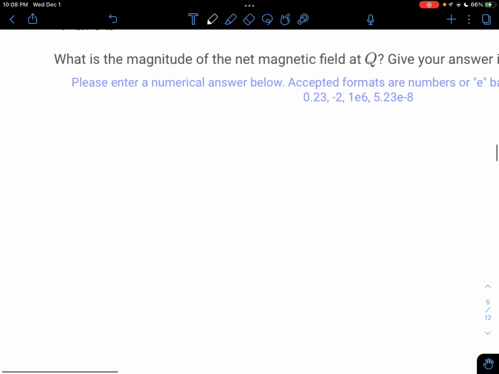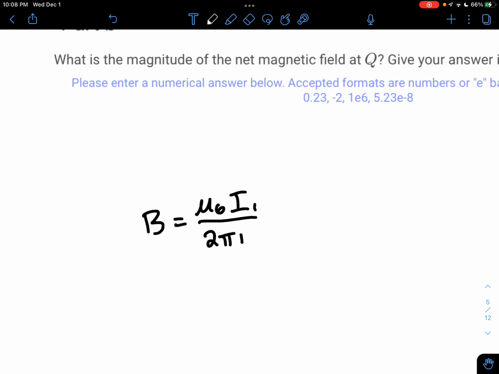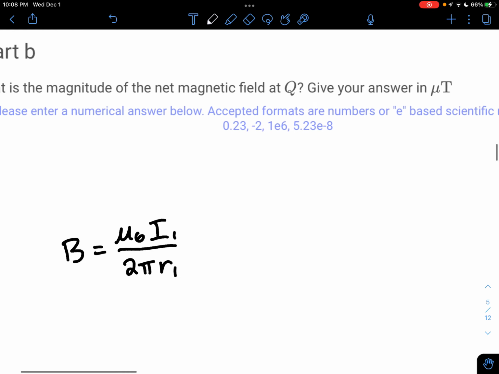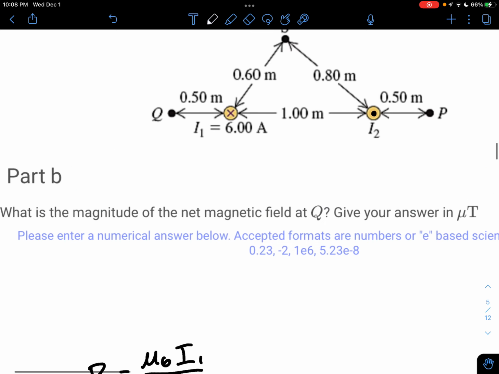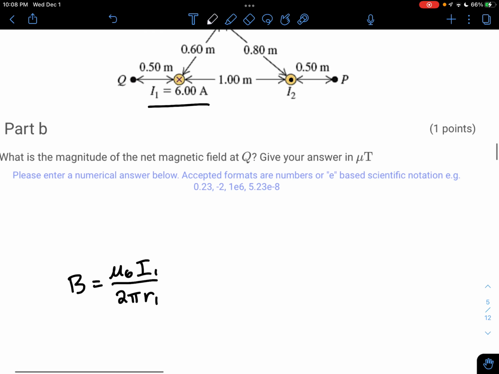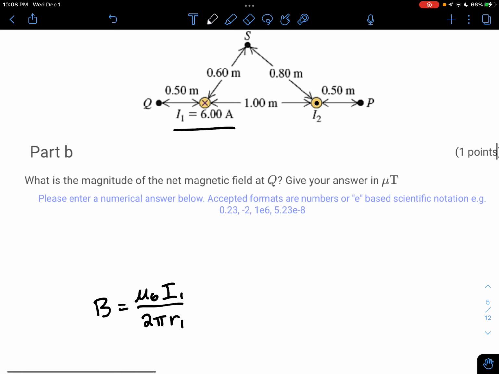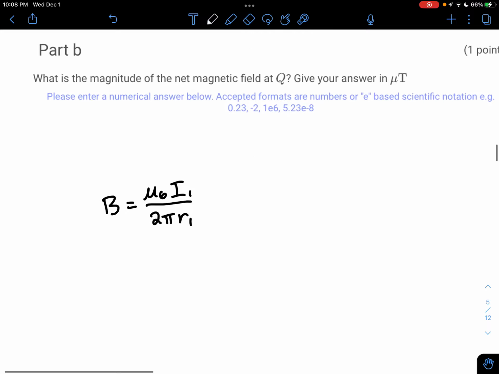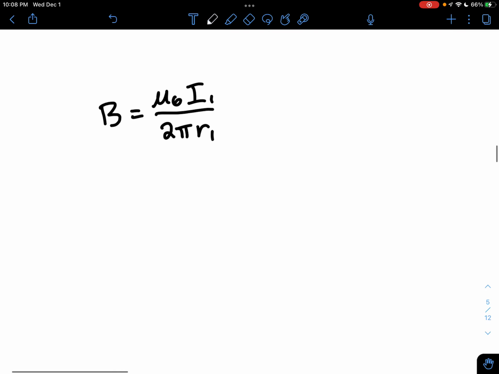All right, so we're using our same equation as always. B equals mu naught I1 over 2 pi R1. I'm just marking it with the 1 because that's going to be our first wire. Our distance to Q is this 0.5 meters, and we have a current of 6 amps.